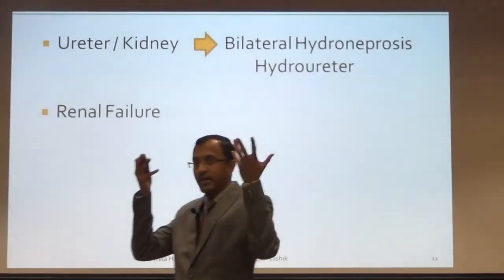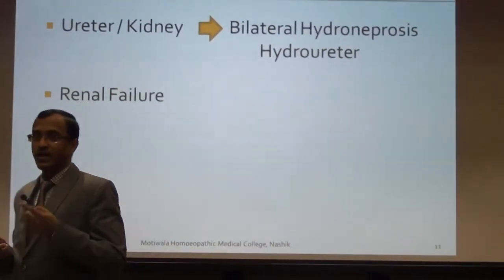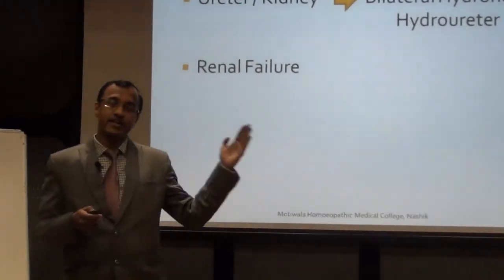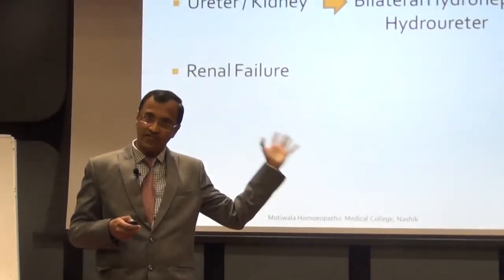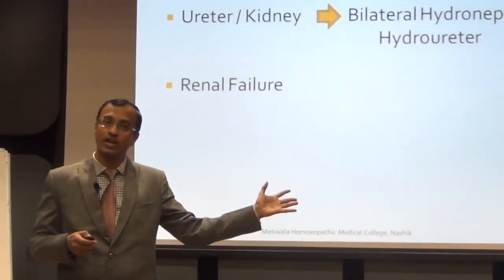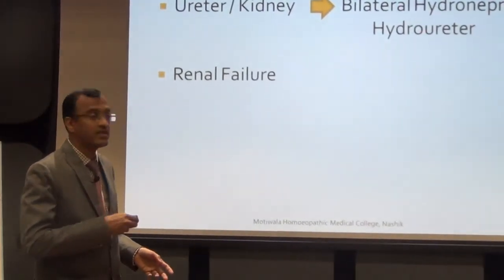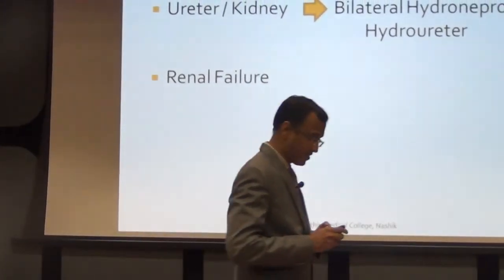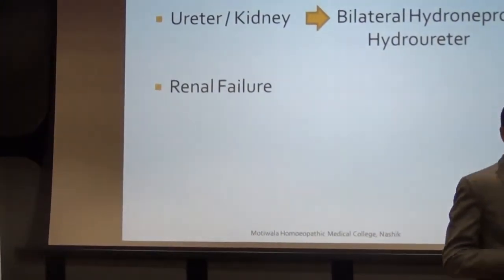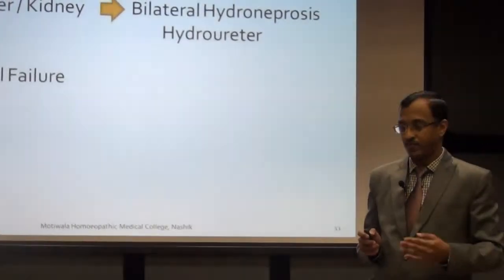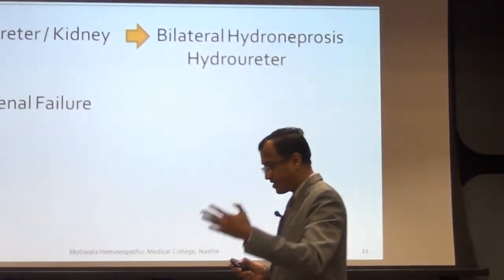So hydroureter and hydronephrosis. When we dealt with hydronephrosis as a topic and renal calculi, you might have understood its significance, because there are three levels of hydronephrosis: mild, moderate and severe.